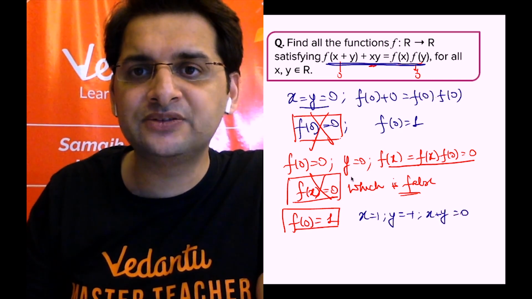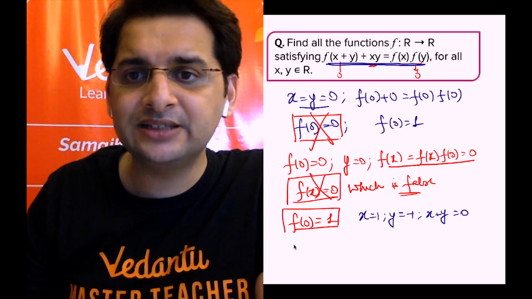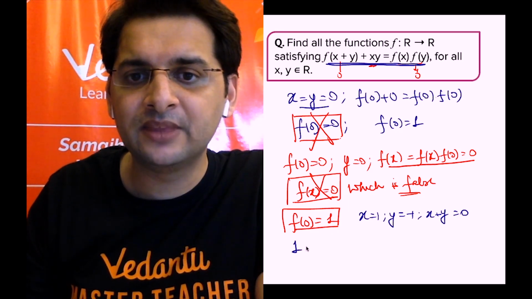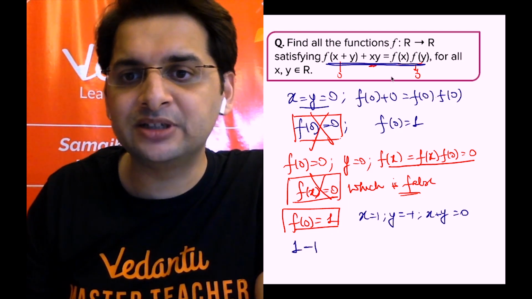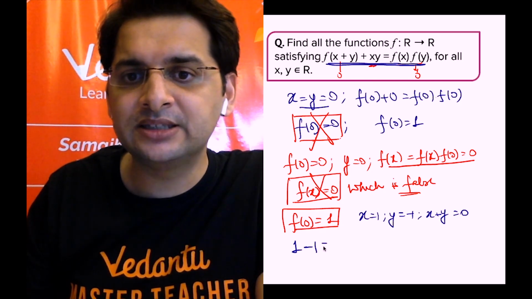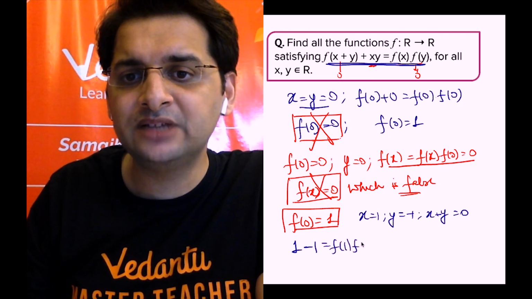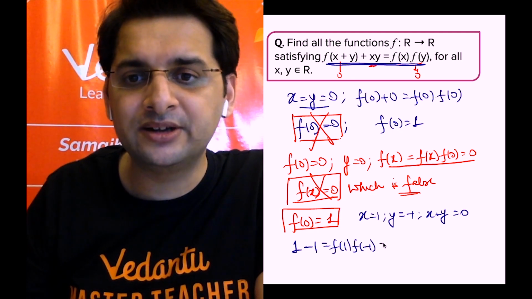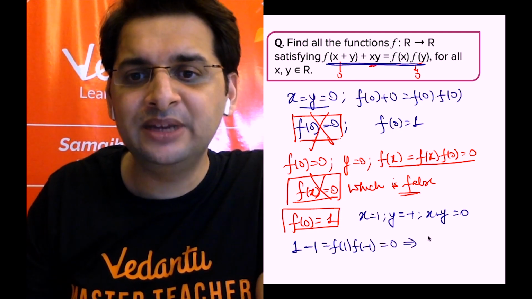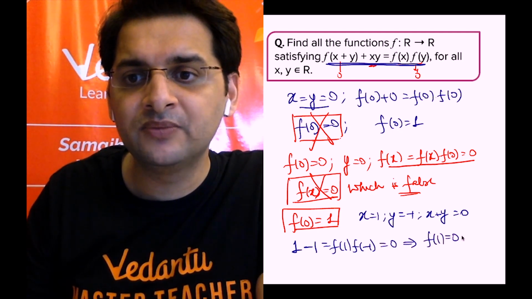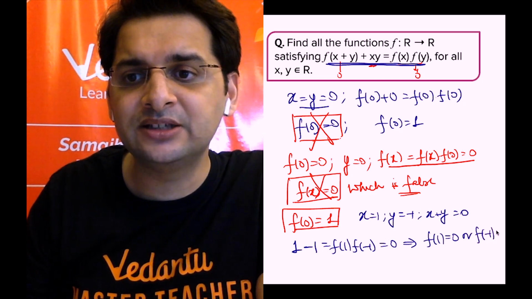So f of 0, which is 1, minus 1, because x into y would be minus 1, is equal to f of 1 into f of minus 1. So we're getting two more interesting results. So this means either f of 1 is 0 or f of minus 1 is 0.